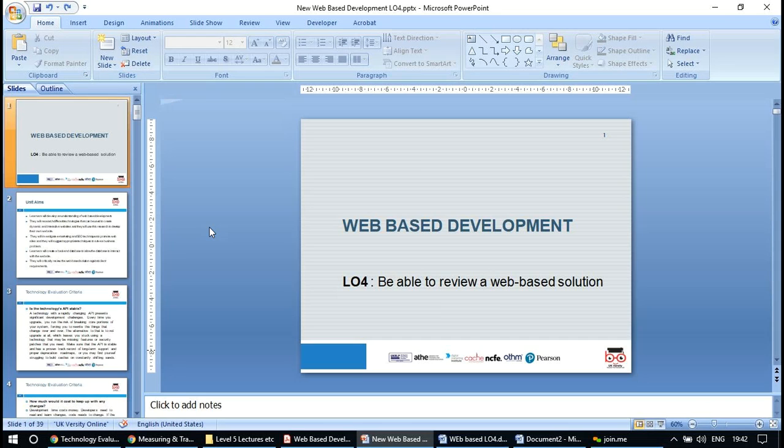Just to confirm, that's more like REST APIs and things. Sorry, the RESTful web services, isn't it? Yes. So it's about being able to make calls to the website to retrieve data and things in an automated way.